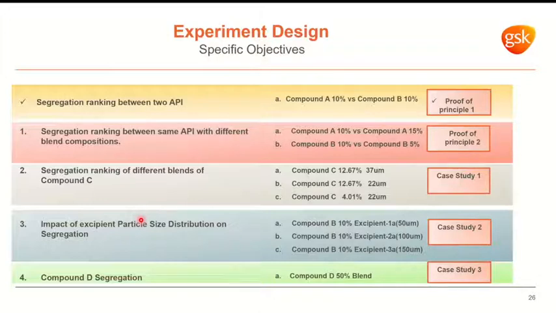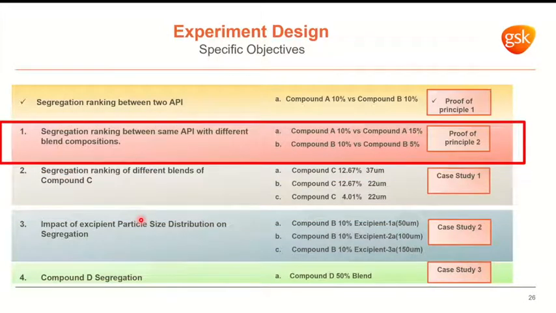So after doing the first proof of principle, we jumped on to the second proof of principle study. For this proof of principle study, we are going to use the same API with different blend compositions. Remember, in the first proof of principle study, we were using two totally different APIs.